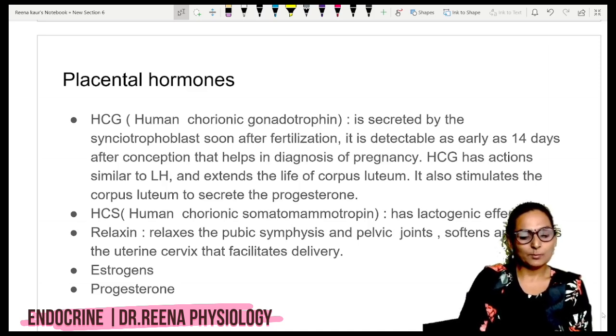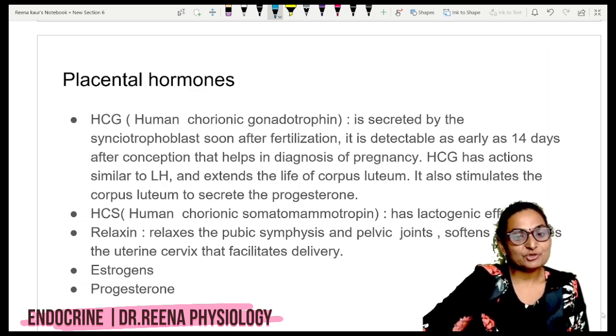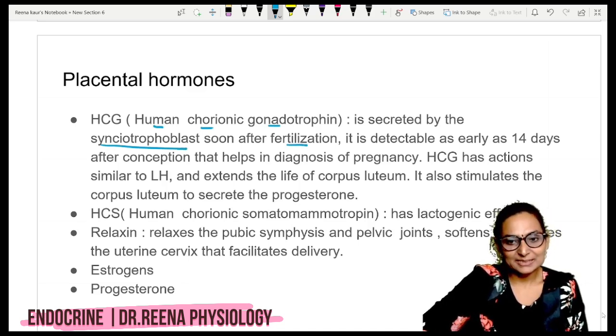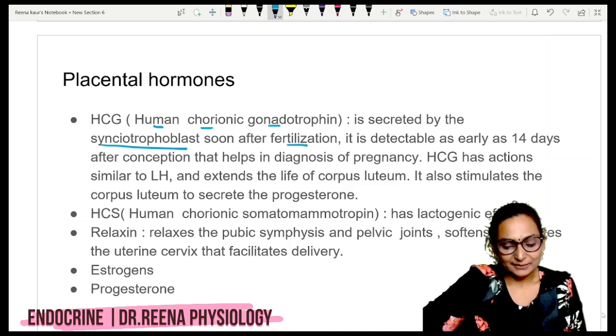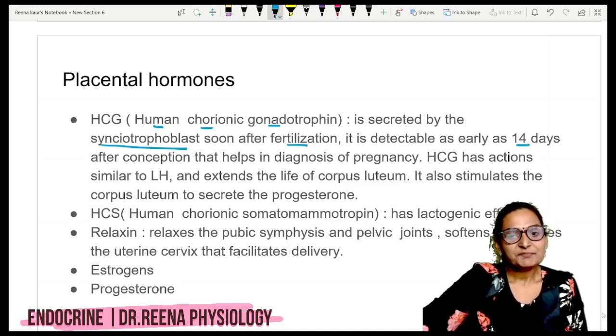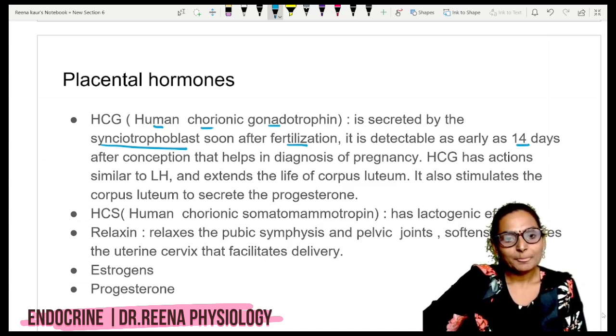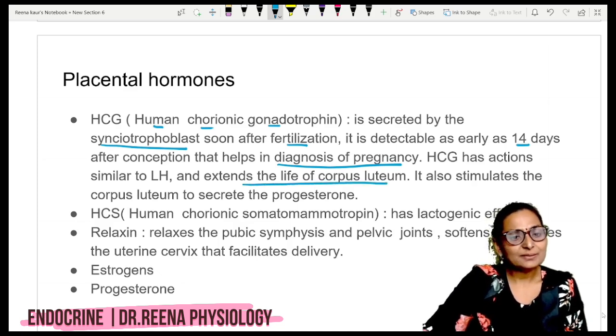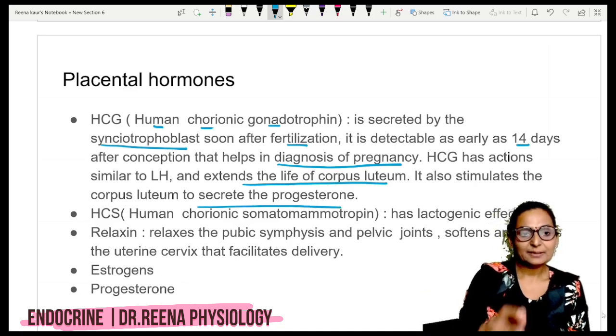So placental hormones are HCG, human chorionic gonadotropin hormone, which is secreted by the syncytiotrophoblast immediately after fertilization, and it is detectable as early as 14 days after conception. First important role is diagnosis of pregnancy. Second, it extends the corpus luteum and stimulates the corpus luteum to secrete progesterone.